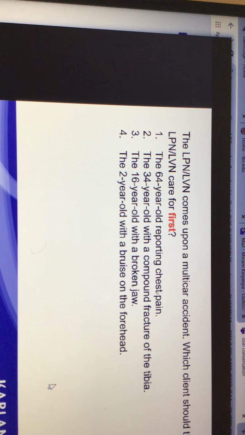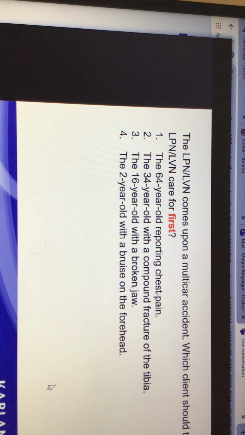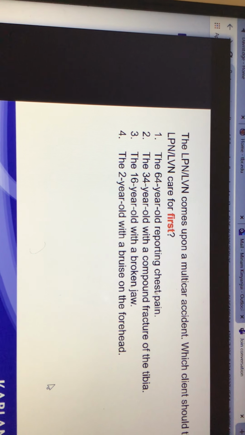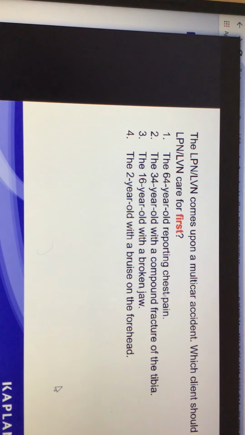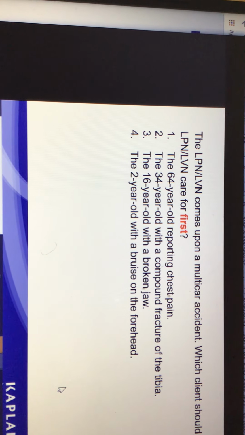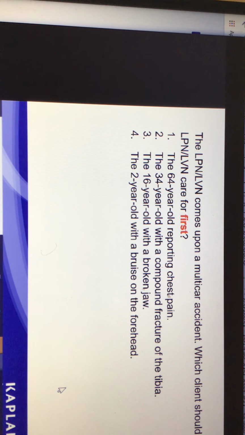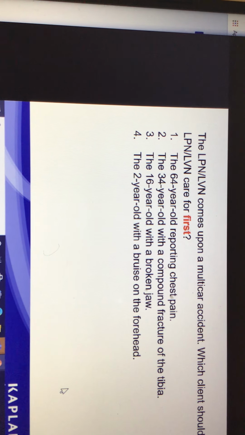Okay, so we want the most unexpected, the most unstable, the most unsafe, and bring in your ABCs. So, the 64-year-old reporting chest pain, is that A, B, C, or none?